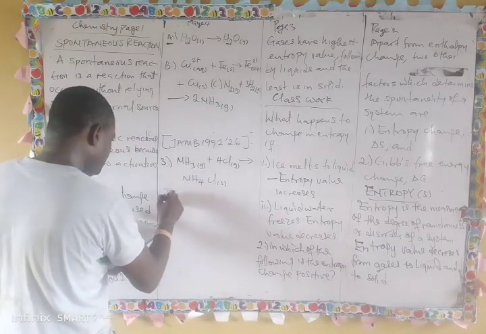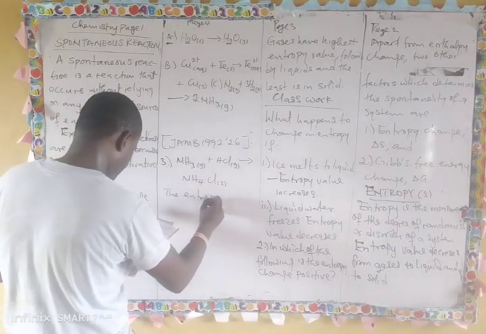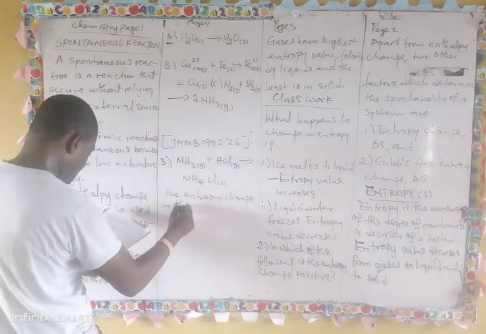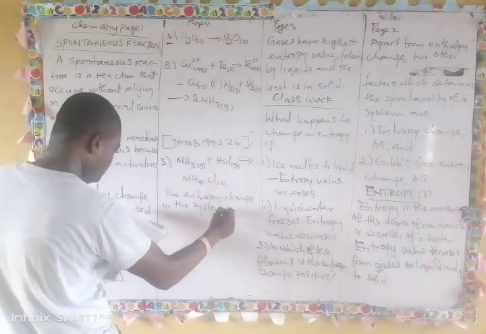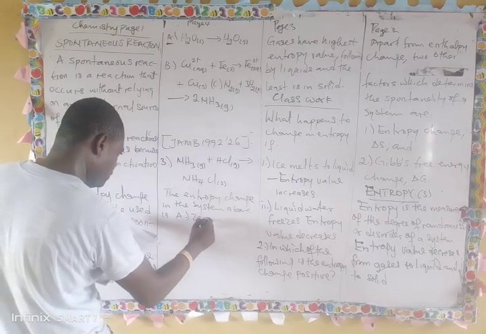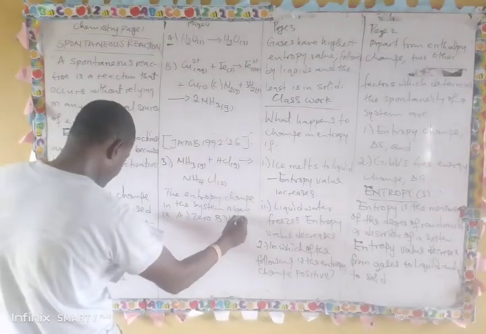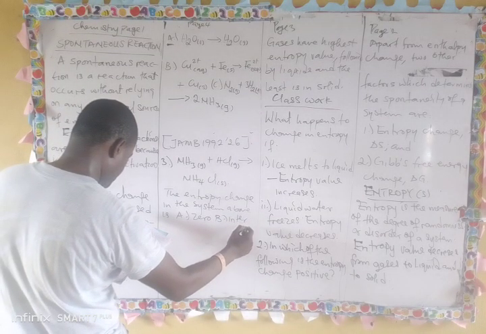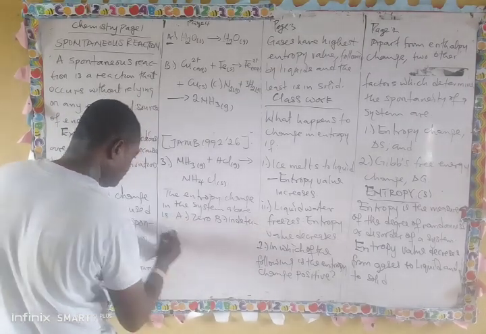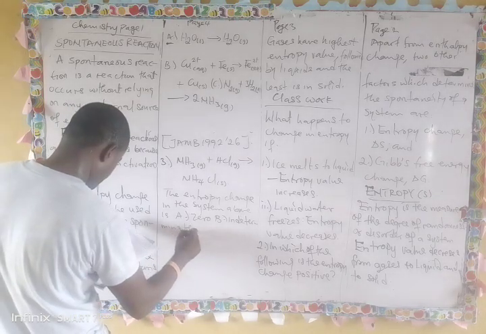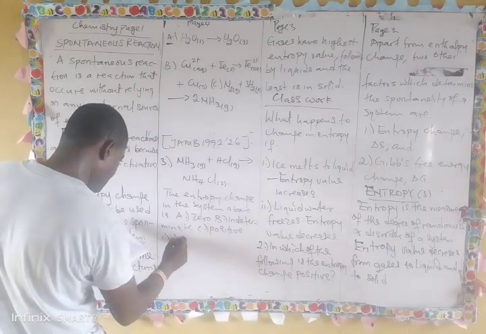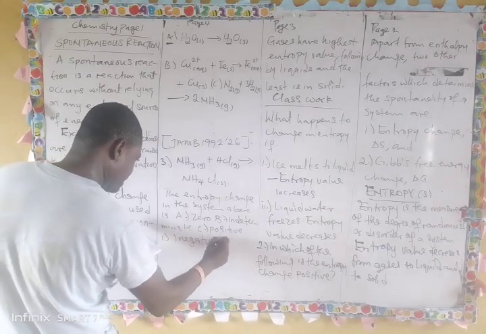They now say the entropy change in the system above is what? A, 0. B, indeterminate. C, positive. D, negative. Please tell me the answer.